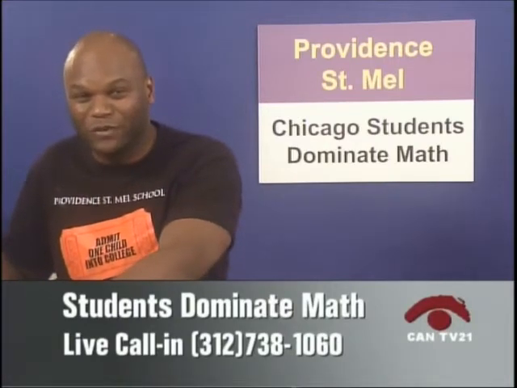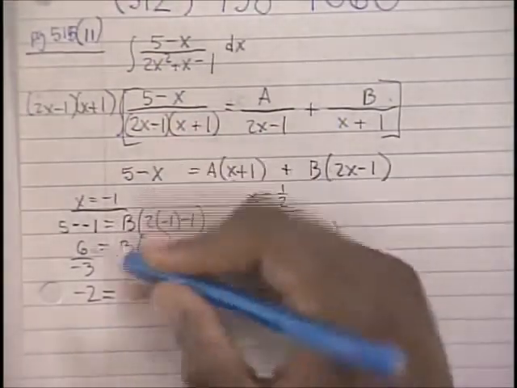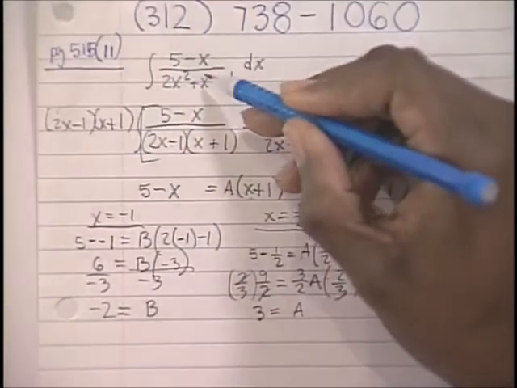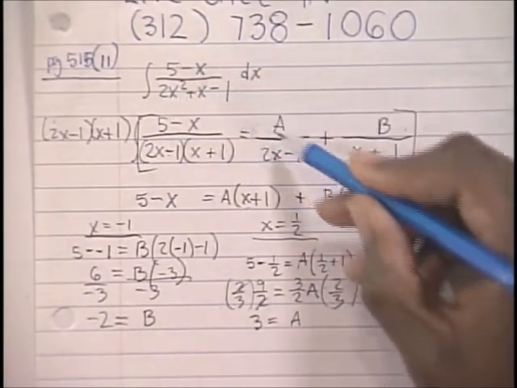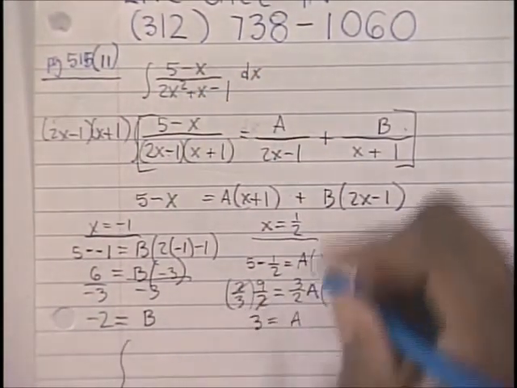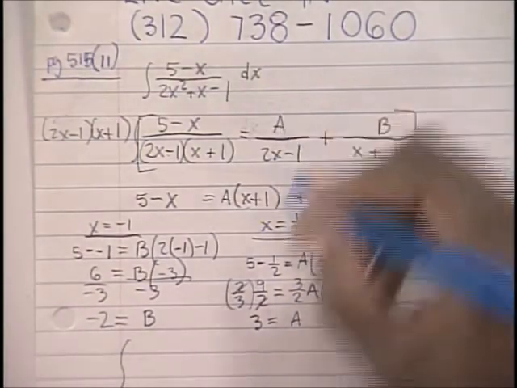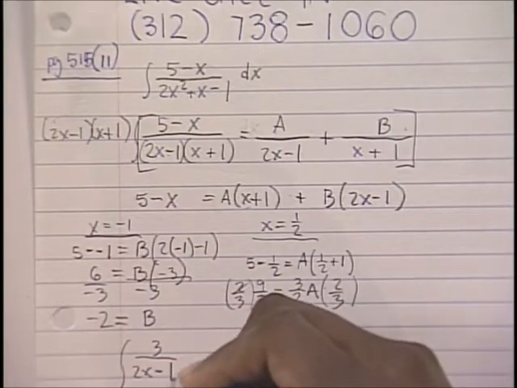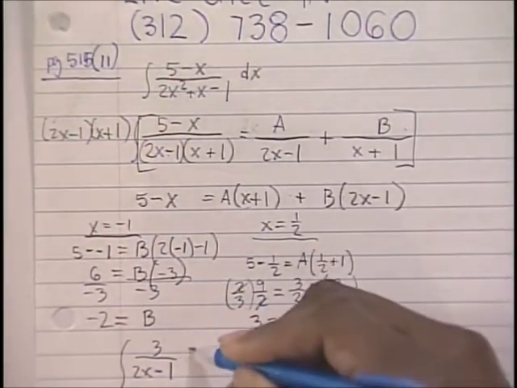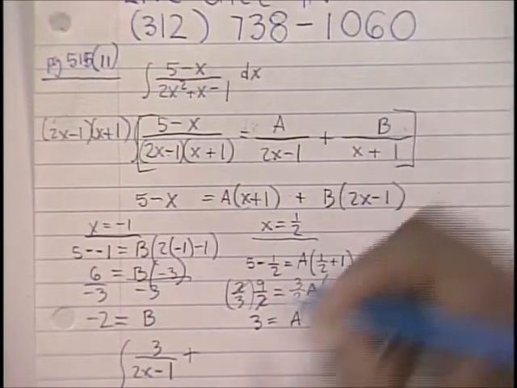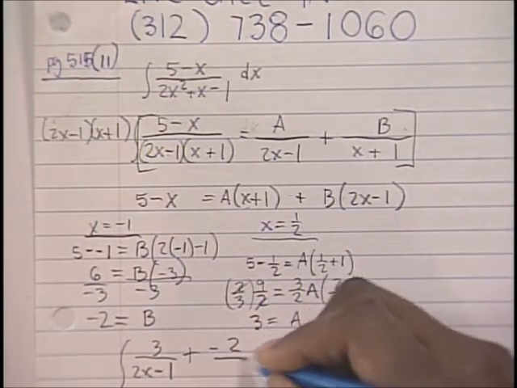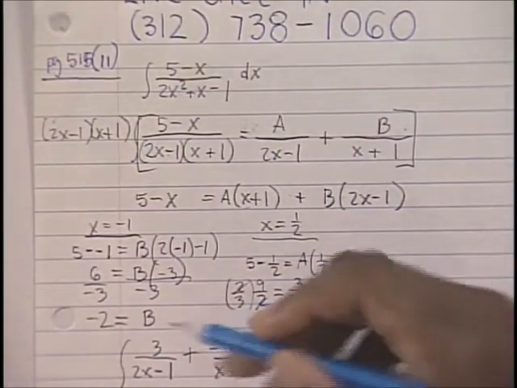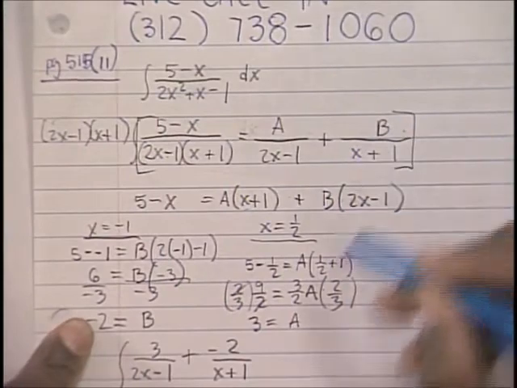All right, so here we go. Now this was our original problem, but this is the same thing as the antiderivative of A, which is 3 over 2x minus 1, plus B, which is negative 2 over x plus 1.